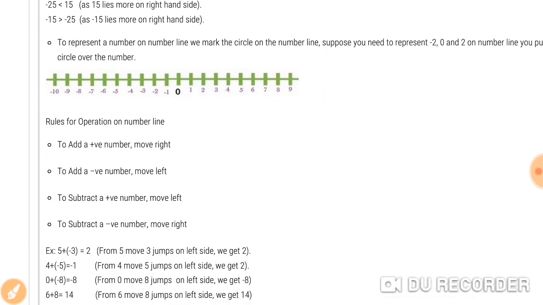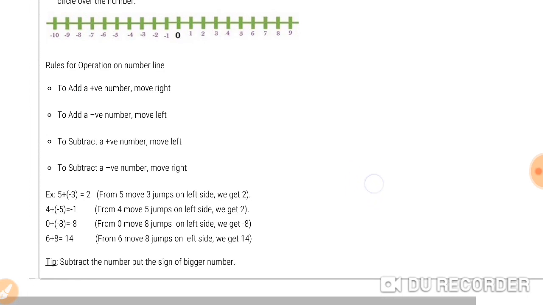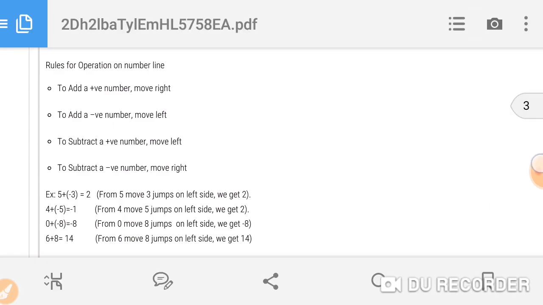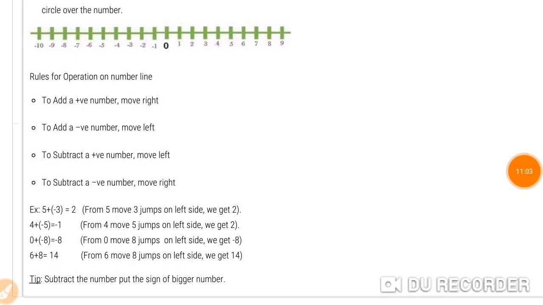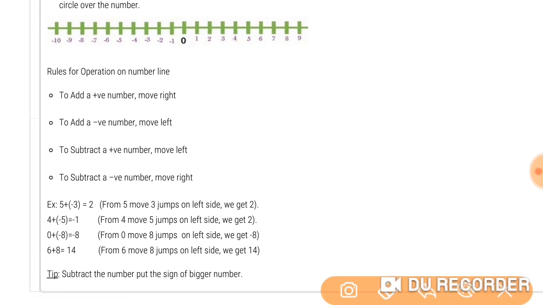So, rules for operations on a number line. Already we have studied how to add and subtract integers, on the number line and also without a number line. So once again we can recall how to add or subtract integers on a number line. Here are the rules for operations on a number line.